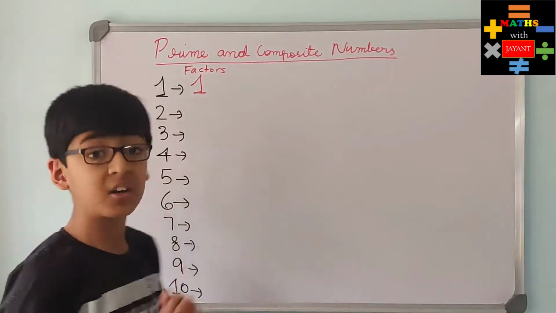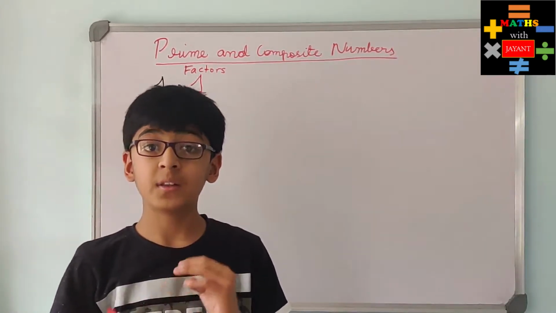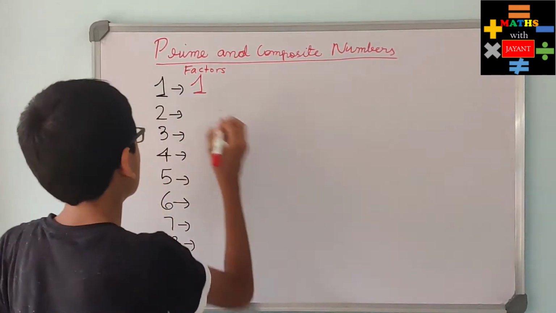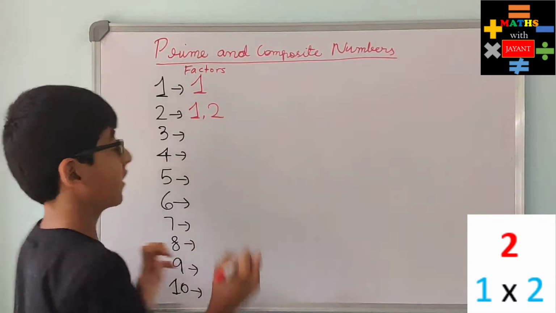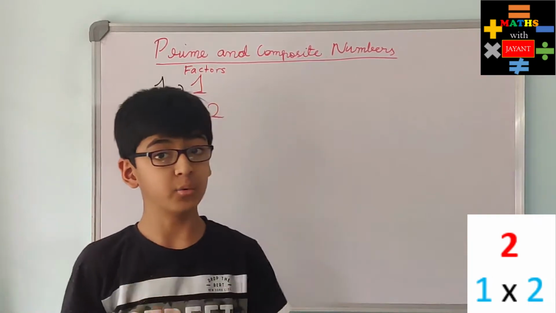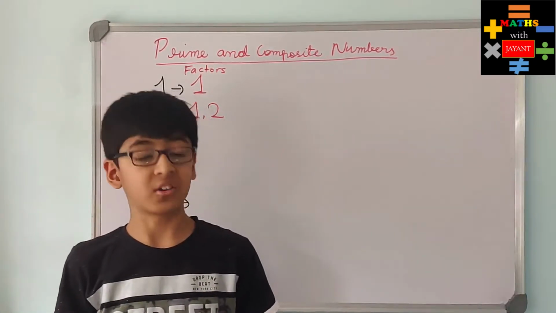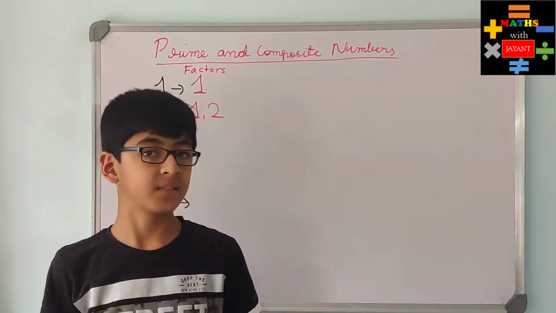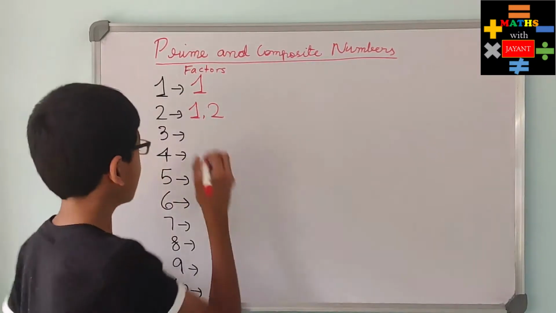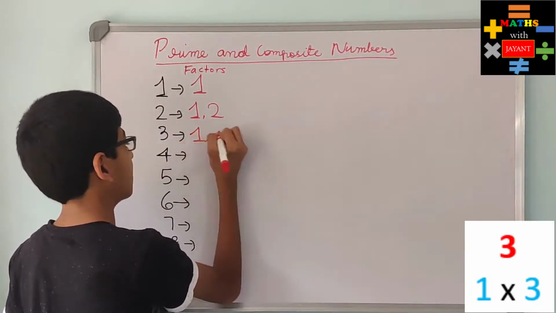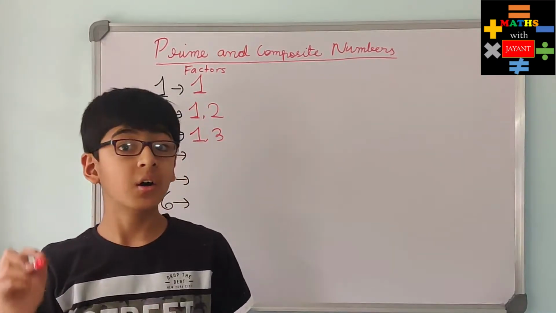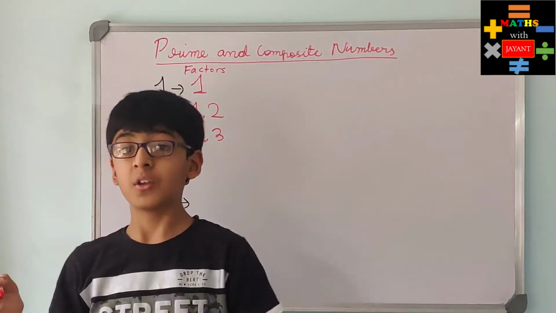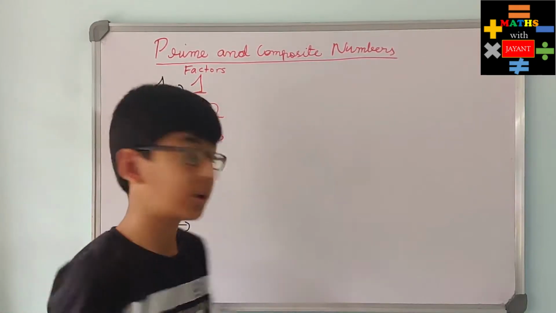Now what about the factors of 2? The factors of 2 are 1 and 2. Are there any more factors? No. What about the factors of 3? The factors of 3 are 1 and 3. Now let's find the factors of 4.